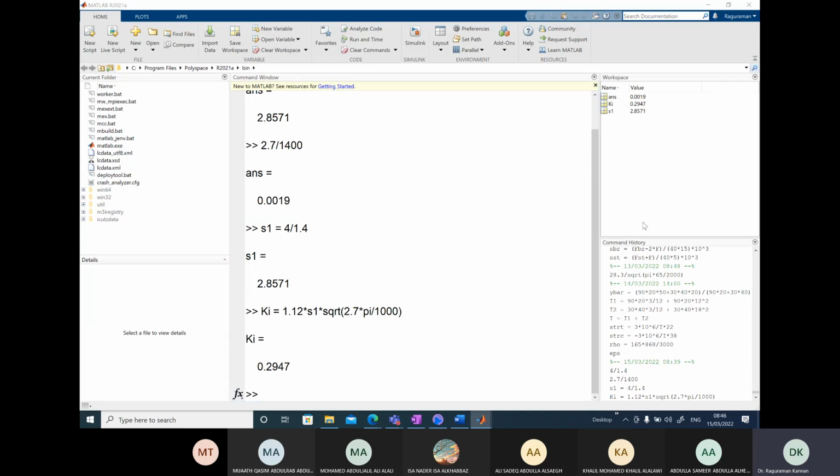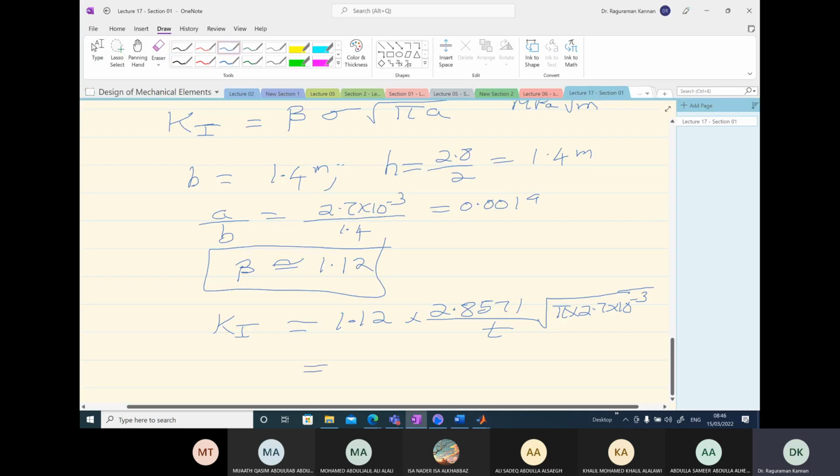We get 0.2947 over T. So this is the stress intensity factor in the unit megapascal root meter.